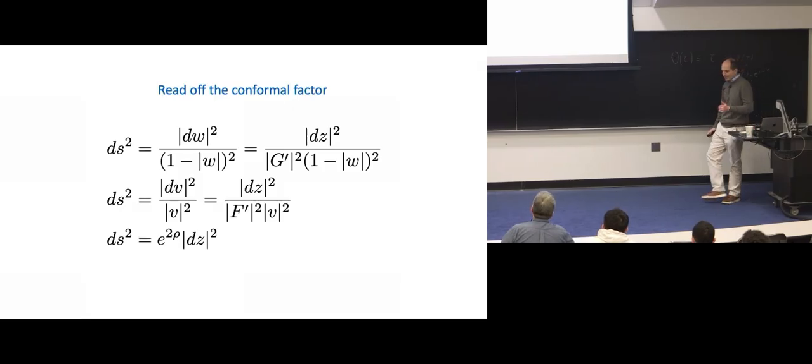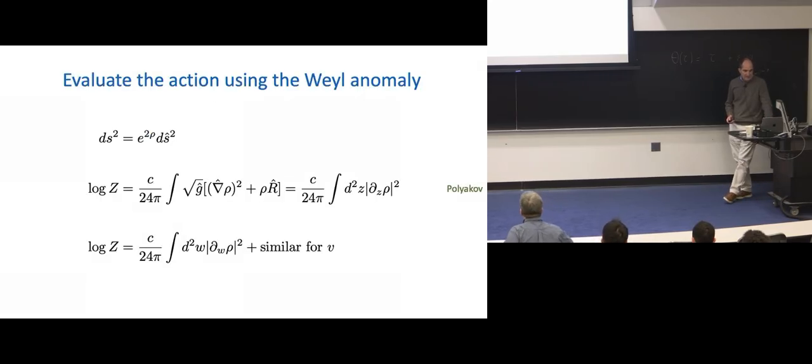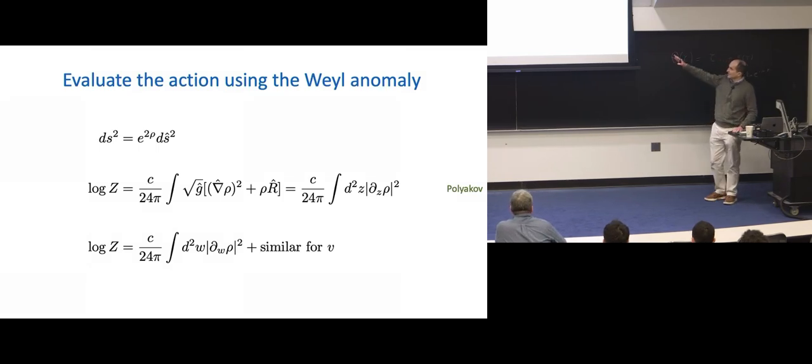The partition function on the flat plane is just 1, or some known quantity, and the dependence on theta comes purely from this scale factor. Because we have a conformal field theory, naively it should be independent of the scale factor, but there is the well-known conformal anomaly, or Weyl anomaly, that is calculable, and we can calculate exactly what the answer is.